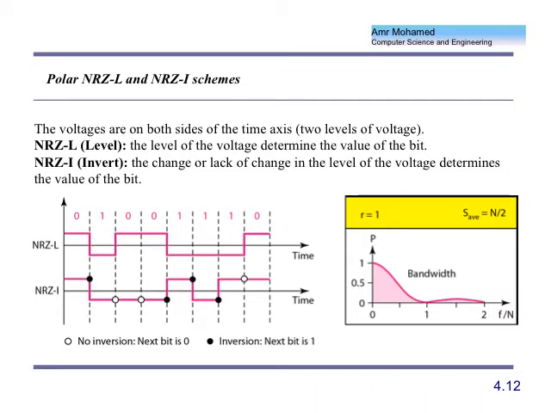It does that by using the polar level as opposed to unipolar. By polar level here, we mean that we use two levels. One is above 0 and the other one is below 0. So the simplest way is to map 0 to positive voltage and 1 to negative voltage, or the other way around.